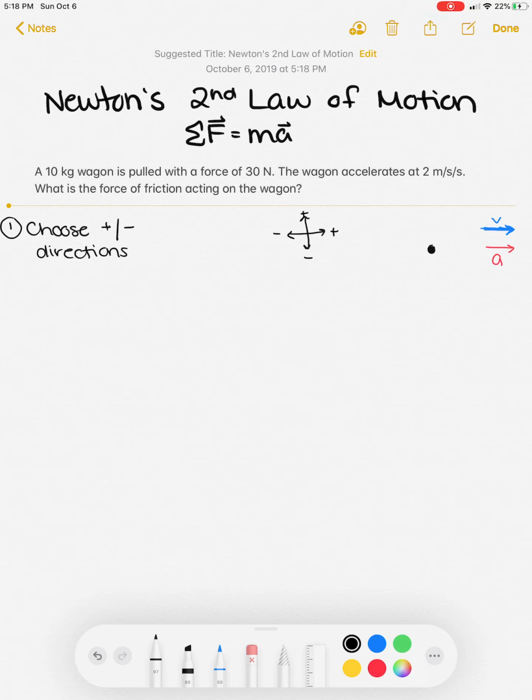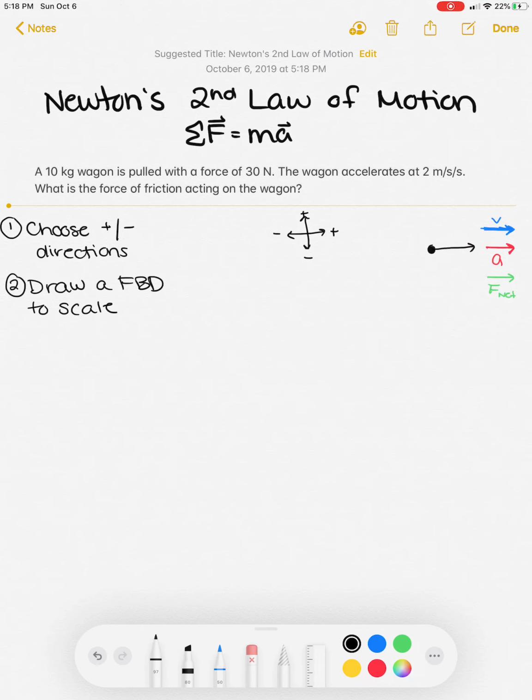So next up on my list is to draw a free body diagram to scale. Again, in order to draw it to scale, we have to know which direction the net force is in. If my acceleration is to the right, that means that my net force is also to the right, meaning that the forces going to the right have to also be larger than the forces going to the left. So in this case, we've got a pulling force to the right.